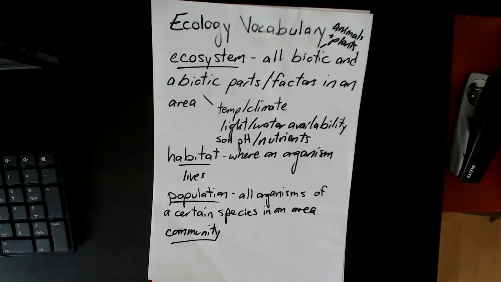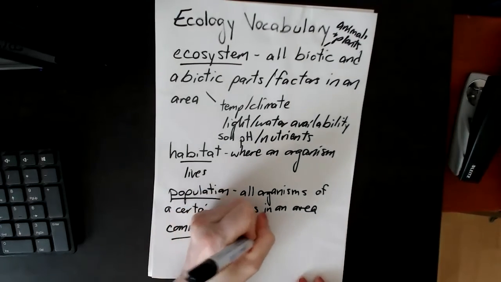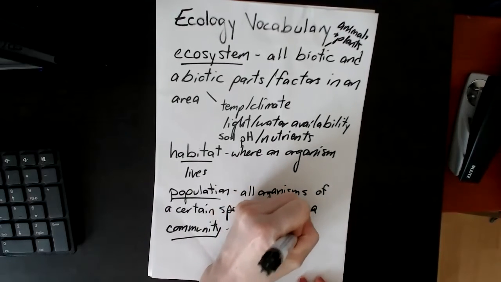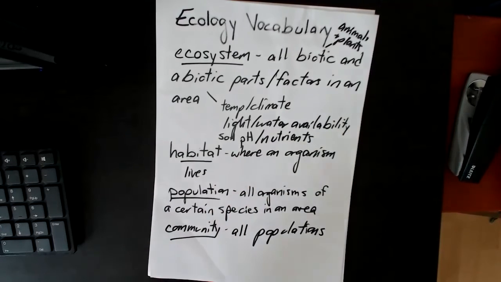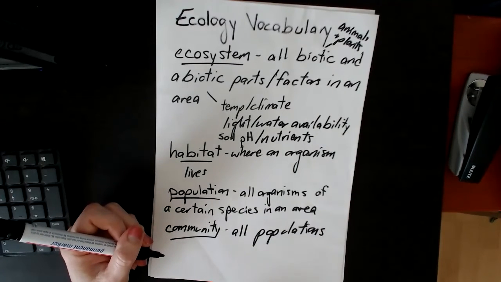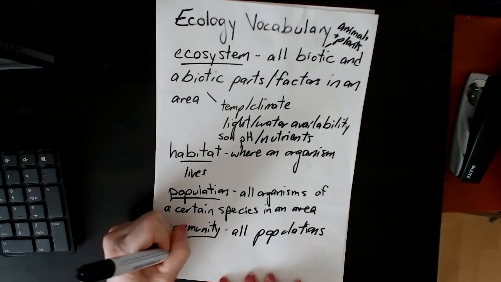If I'm talking about the community present in Glacier National Park, I'm talking about the fir trees, the animals, the wolves, the mice, the deer, the owls, as well as the trees and the bushes and all those kinds of things. All right. So this is the population. This is basically all populations. So all organisms of all species. Basically, it's all of the biotic factors is another way you could think about it, okay? Found in an ecosystem at a certain time.